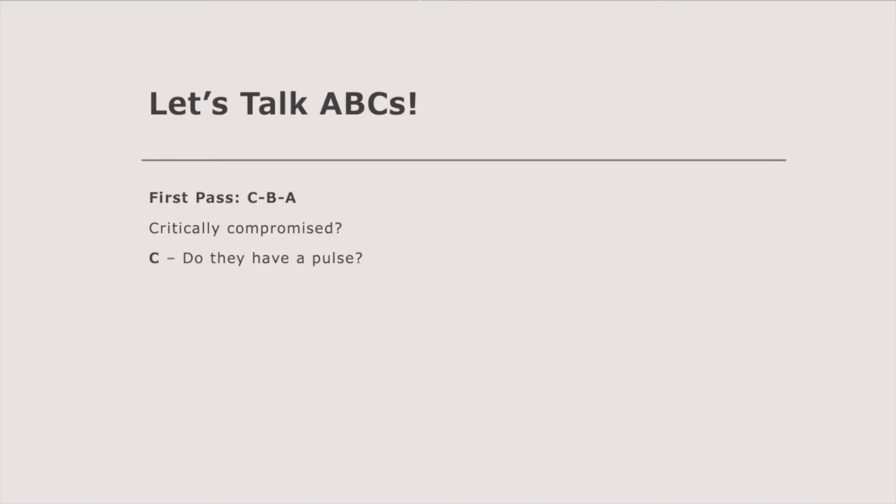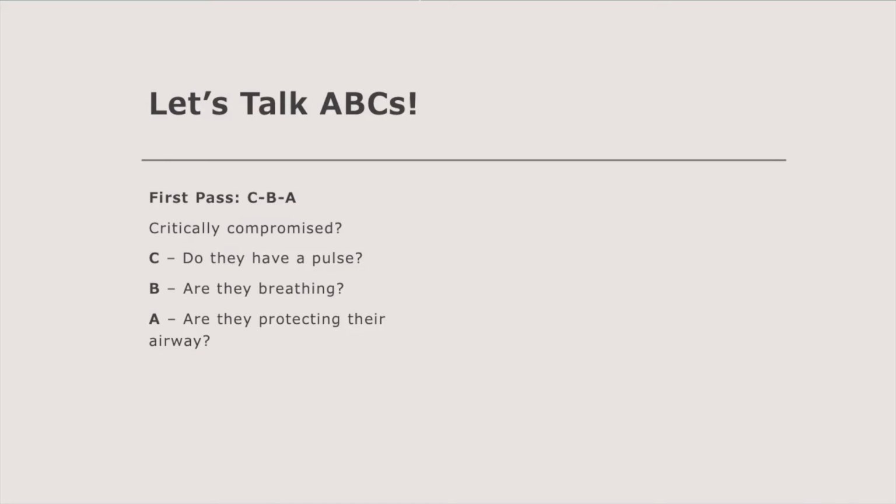Sometimes I barge into the room and say, hi, my name is Jason, do they have a pulse? That's actually what I do in code situations. For breathing, are they breathing at all? And as far as airway, are they protecting their airway? So that's my first pass through the ABCs, because if any of those things are no, you're going to spring into action.